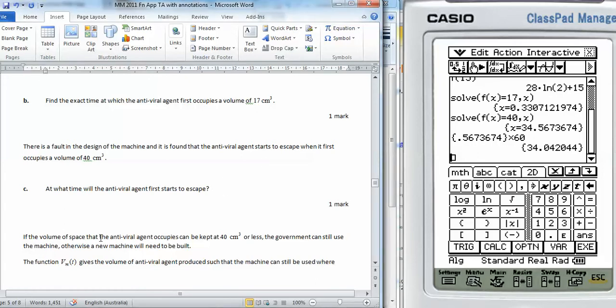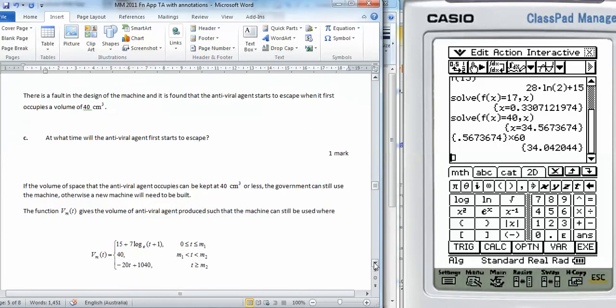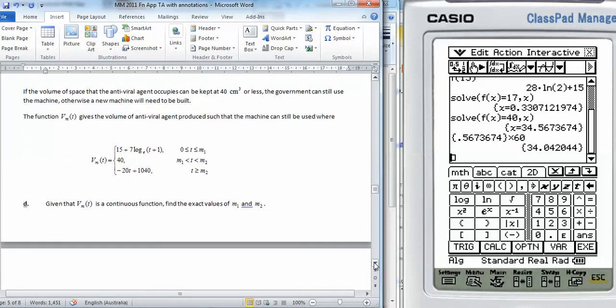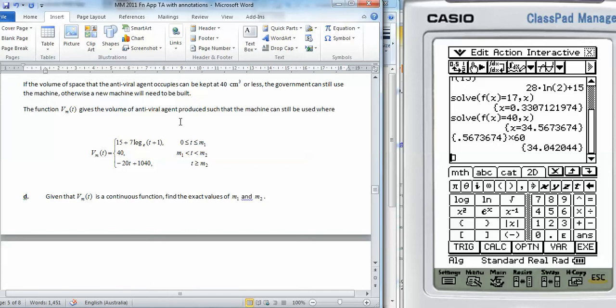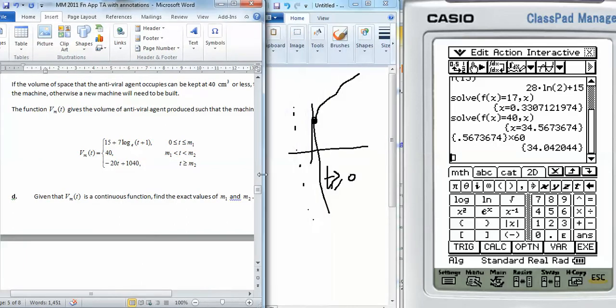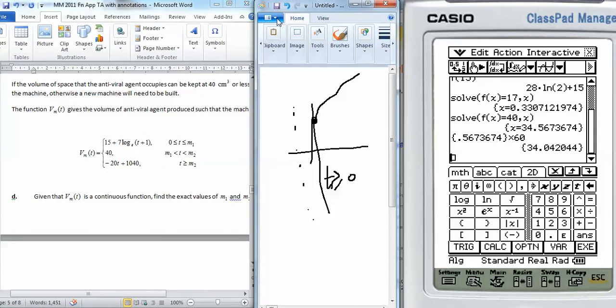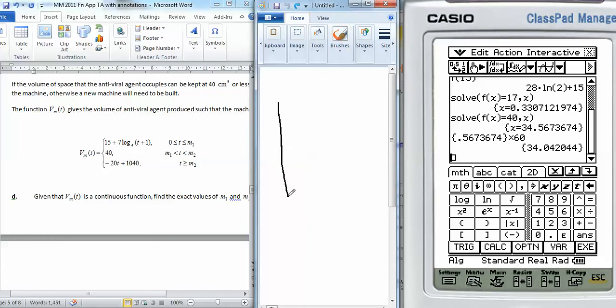If the volume of the space of the antiviral is kept at 40 or less, the government can still use the machine. Otherwise, a new machine will need to be built. The function gives the volume of this. Okay, so I have a situation where I have a graph.